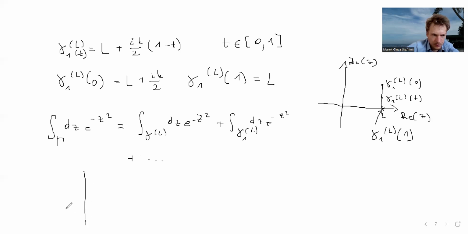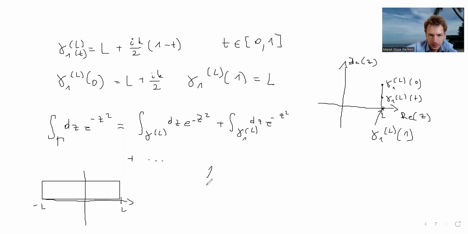And how does it look? It looks like this, that I have a finite contour. It's a finite rectangular contour that goes like this. And this contour goes from minus L to L.